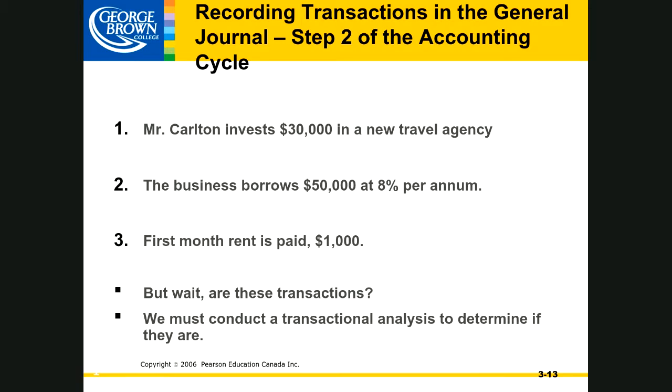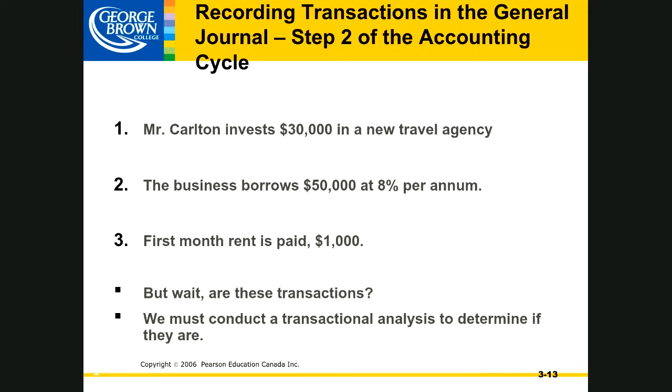While I'm eager to get to the second step, we first have to ask ourselves, are these transactions? While we don't have any immediate source document from this, like in our slideshow, if Mr. Carlton invested $30,000 in a new travel agency, we would have a shareholders agreement that would be signed, so we would have a source document.